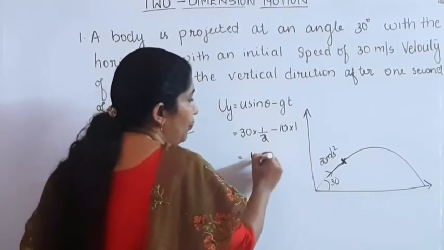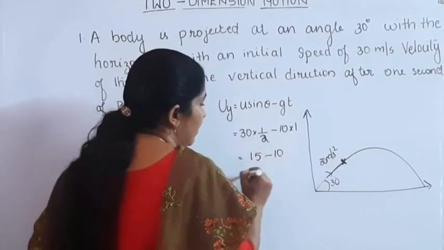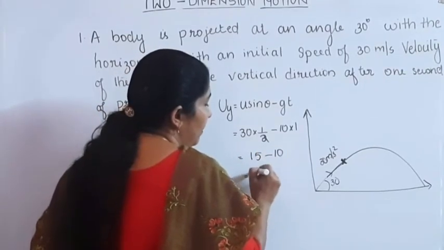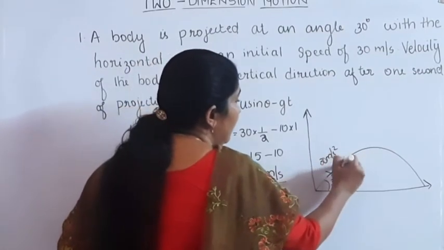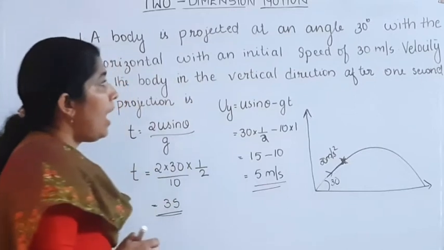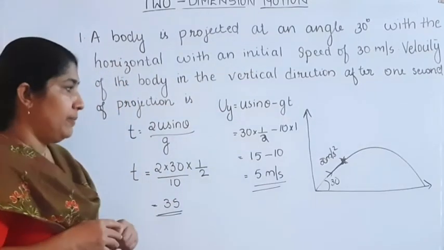That's equal to 15 minus 10, equal to 5 meter per second. 5 meter per second is the vertical velocity after 1 second of projection.